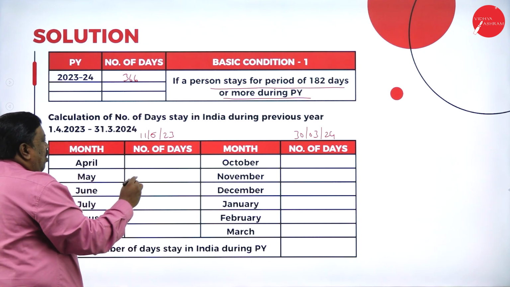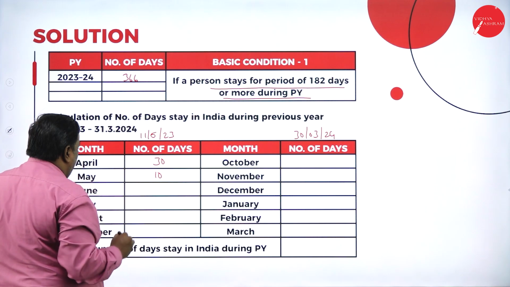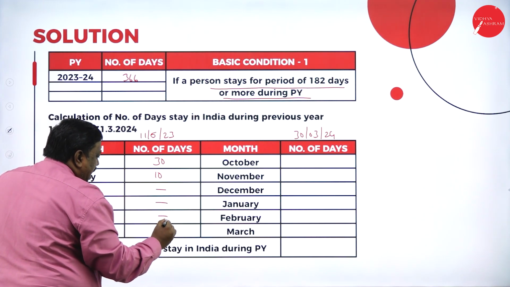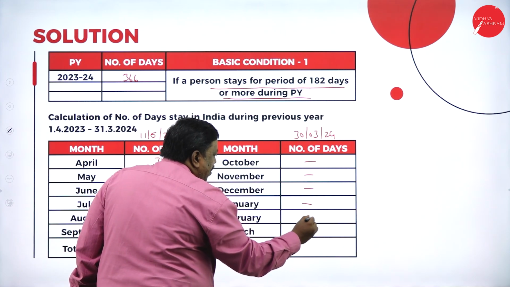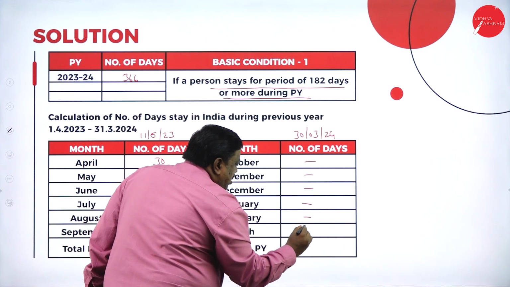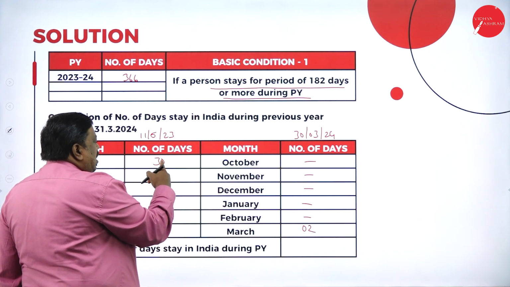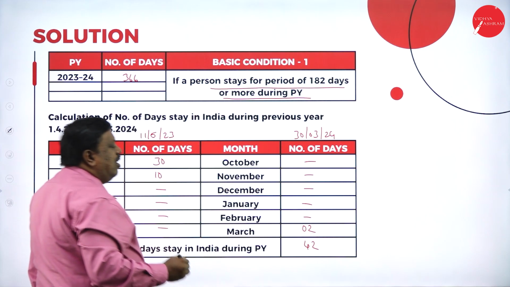In the month of April, I was in India. Up to 10th May, I was in India. June, July, August, September, October, November, December, January, February, I was not in India. March, I returned back on 30th, means 2 days. 30 plus 10, 40, 42 days. So I was in India only for 42 days.